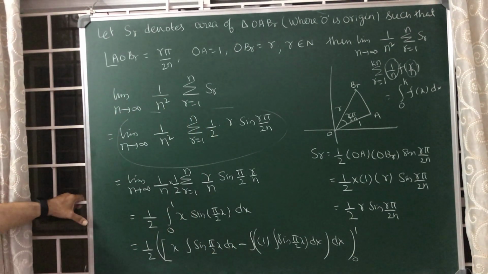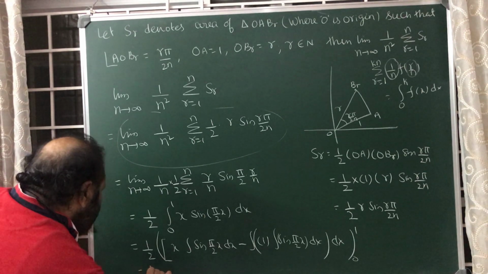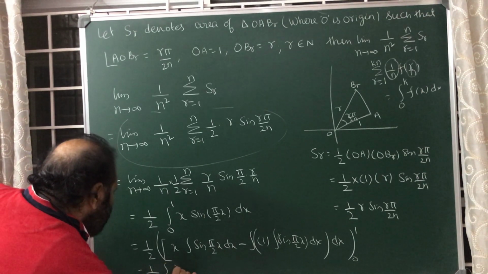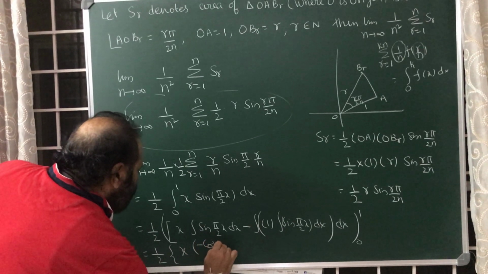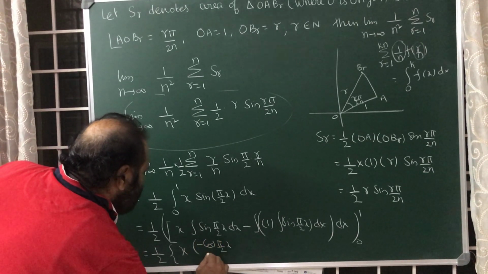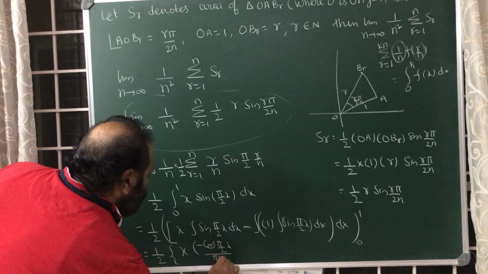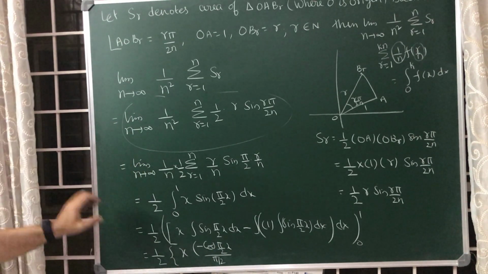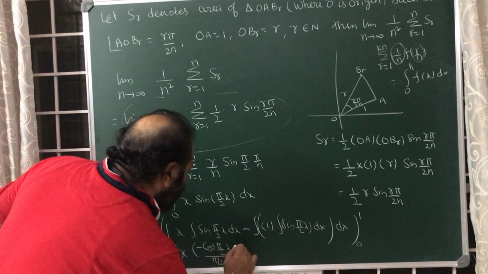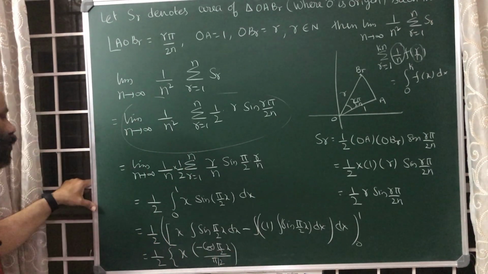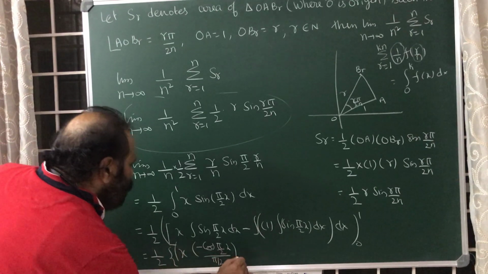This will be equal to 1 by 2 into x times the integration of sine pi by 2x, which is minus cos pi by 2x divided by pi by 2, between the limits 0 to 1.